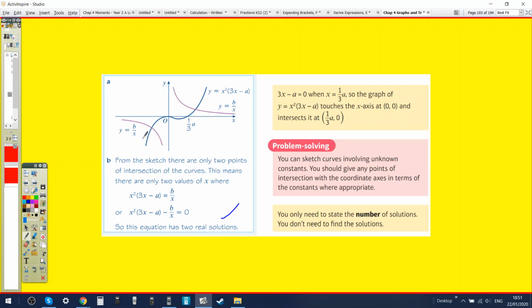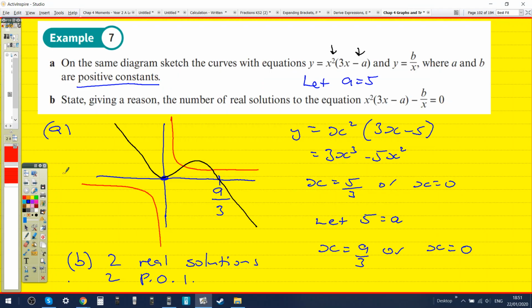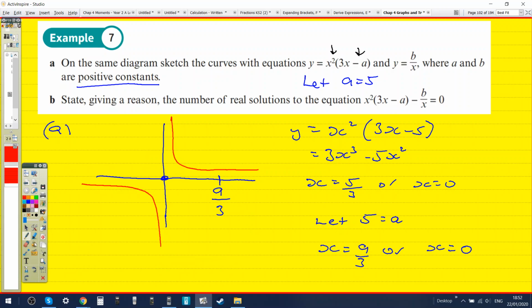Wait a second. It was positive cubic. Sorry, I did a negative cubic. It was plus x squared, not minus. I'm a silly Billy. I blame you. There we go. 2 intersections, therefore 2 real solutions.